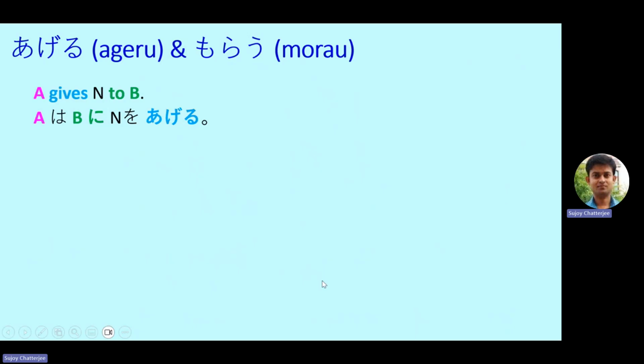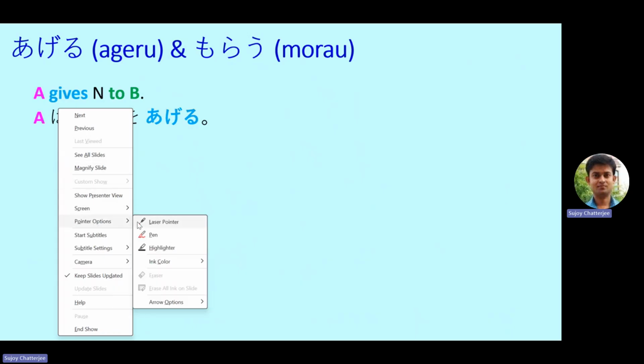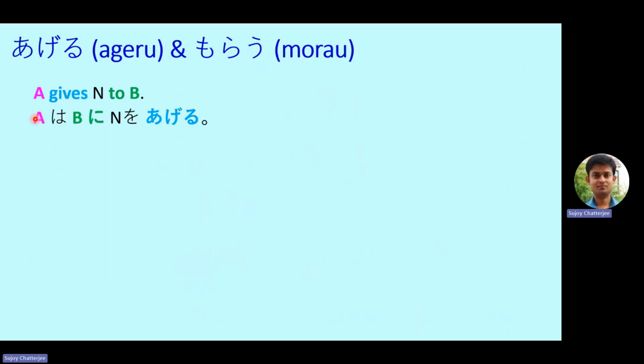So now you can see very well, A is the subject or the topic of this sentence. So we know that wa is the subject marker or the topic marker basically. So that's why A follows wa, and B here is the person who is receiving something. So B will have ni, A wa B ni N o ageru or agemasu.